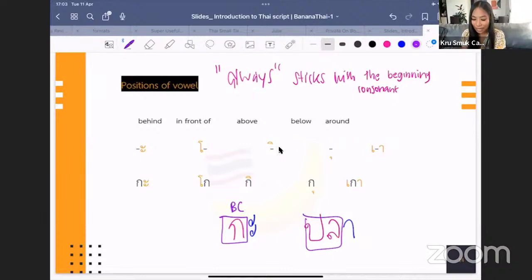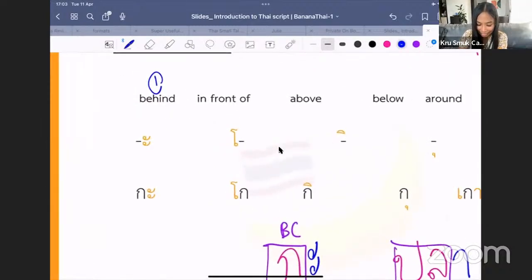Let's start with the first one. An example: first one is behind. See, like what I just said, sara aa, sara a. Yeah, it's behind, right? Next one, in front of the beginning consonant, for example, sara e, see?